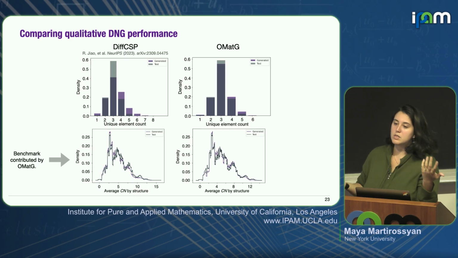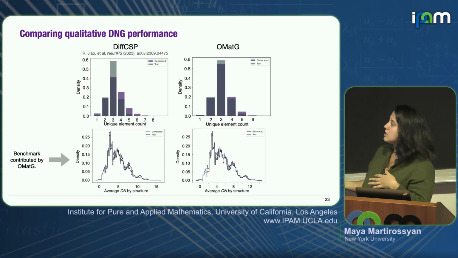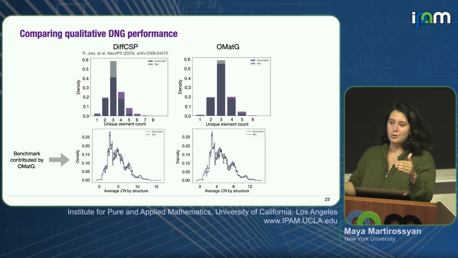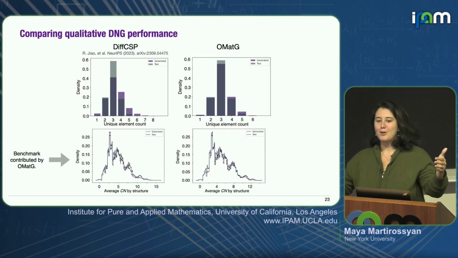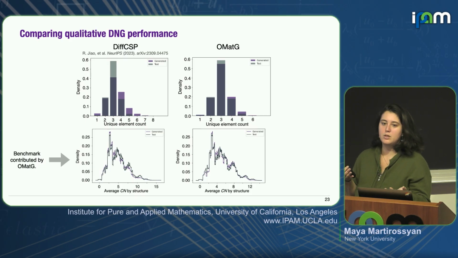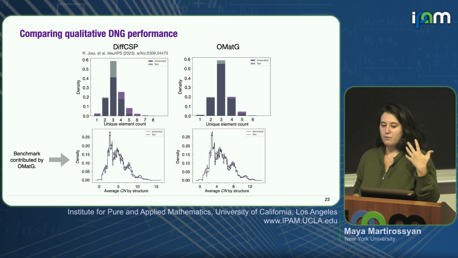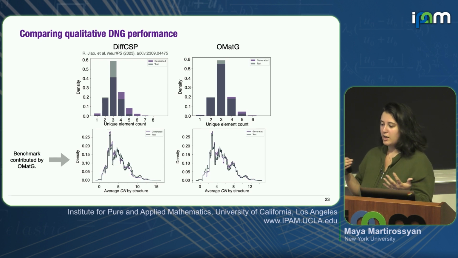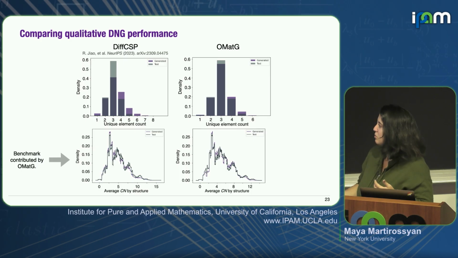We know roughly what that distribution looks like for existing materials, so we would like to get very close to it. Of course, if it's too close, if it's too perfect, you might not generate any new materials. So it's an interesting trade-off between getting very close to your data distribution in terms of what you're generating, and being able to extrapolate and learn about new materials.